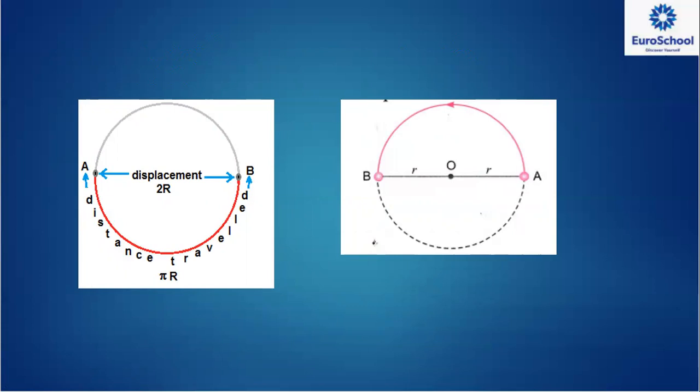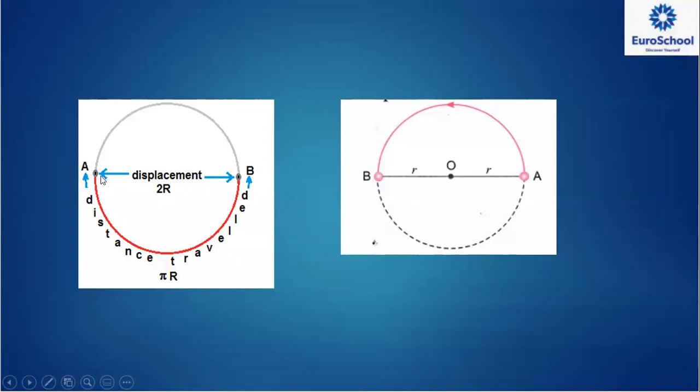Now we'll see how to calculate the distance and displacement for a semicircle. We have seen how to calculate them for a circle. In this case, how will you calculate the displacement?